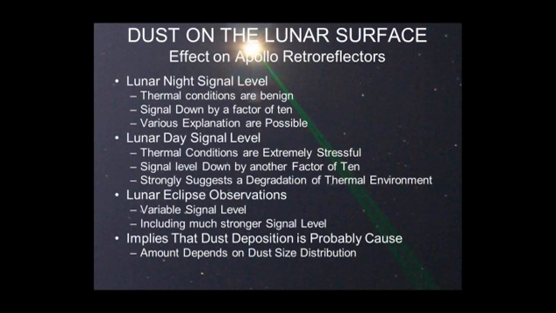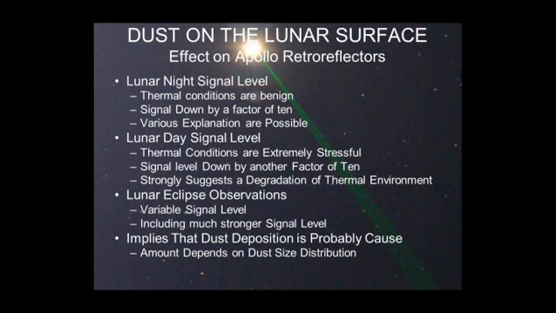We have to have a bigger telescope to get more photons, but the timing is still good on the single photoelectron level. During lunar eclipse, the signal is highly variable. It goes from a very large value down to 0.